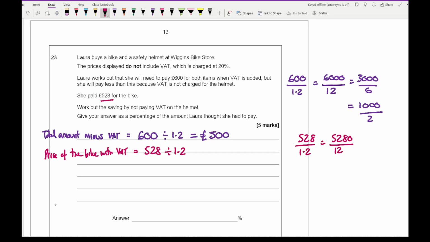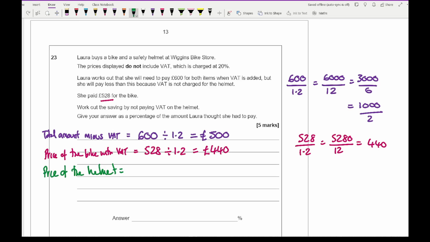And then if we keep dividing that, we should get an answer of 440. So then, looking at this, the price of the helmet is therefore going to be, and again, if you're not sure about how I've got 440, because I feel as if I've rushed that, what we can then do is basically keep dividing by 2.